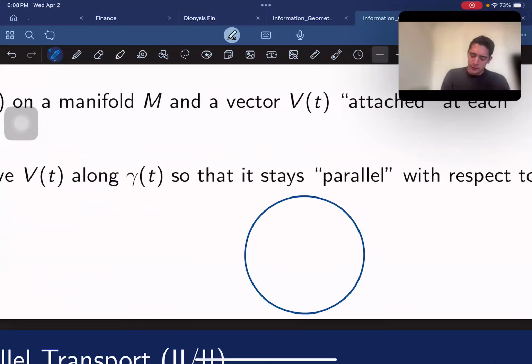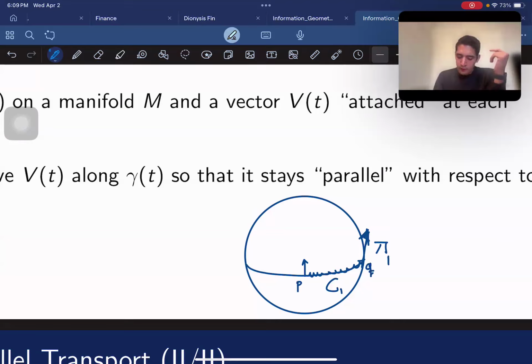Take a look at this example. Consider Earth. You are on Earth, and essentially your compass is showing north. If I take this path, essentially you want your compass to show north. This is curve 1. So after taking curve 1 from P to Q, the north vector would look like this.